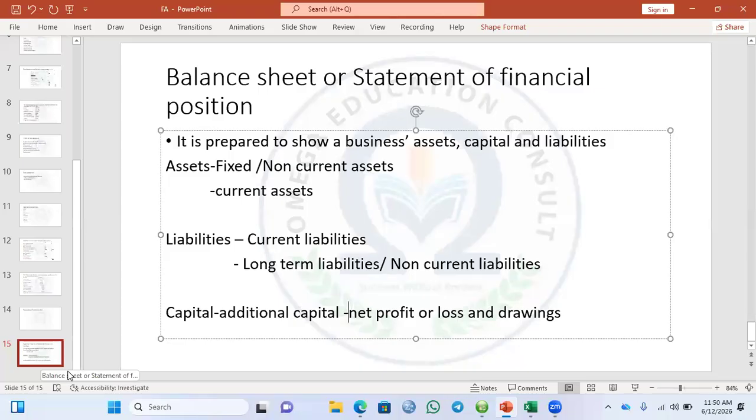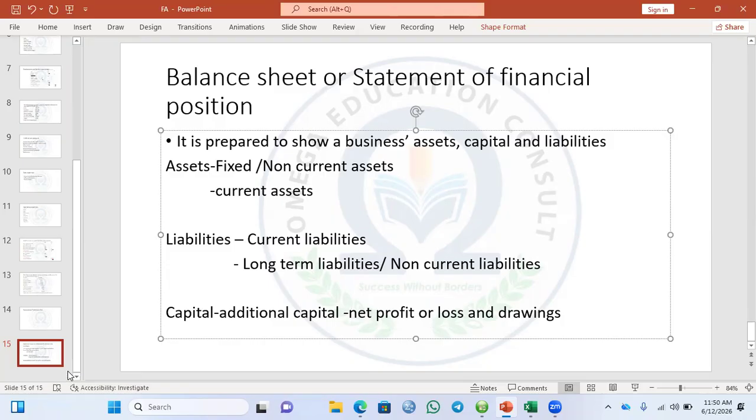In the profit and loss account, your total income is on your credit side and your total expenses are on the debit side. But in the balance sheet, we don't have debit and credit side. So you can decide to put any item anywhere, depending on how you want to present it. Okay, so note that.